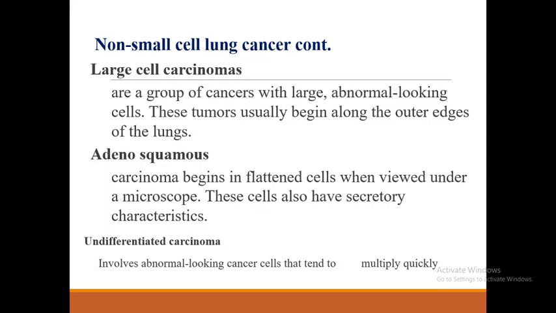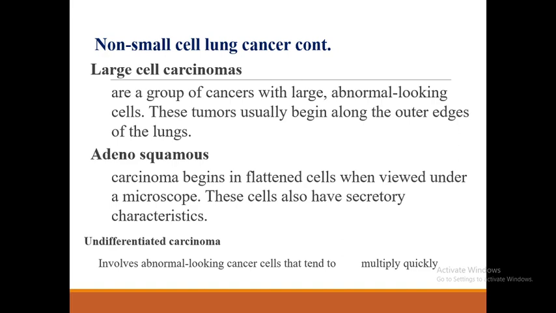Among non-small cell lung cancers, then we have large cell carcinomas, a group of cancers with large abnormal looking cells. These tumors usually begin along the outer edges of the lung. Then we have adenosquamous carcinomas, which begin in flattened cells when viewed under a microscope.